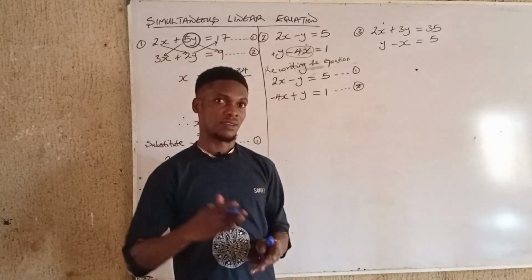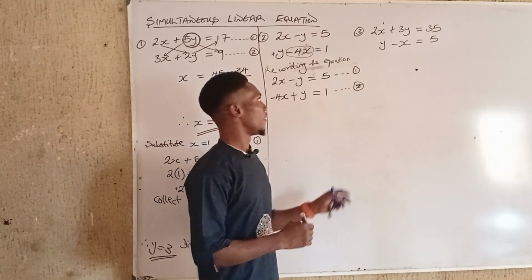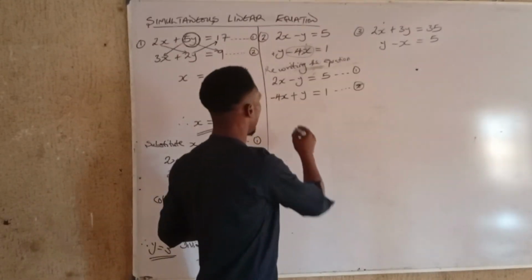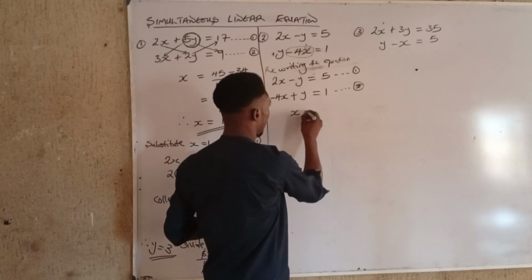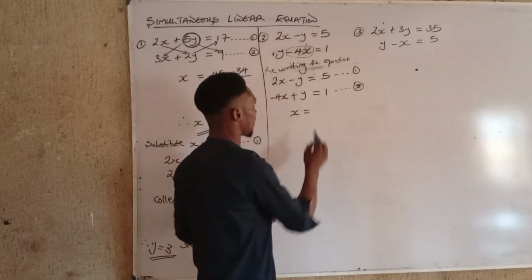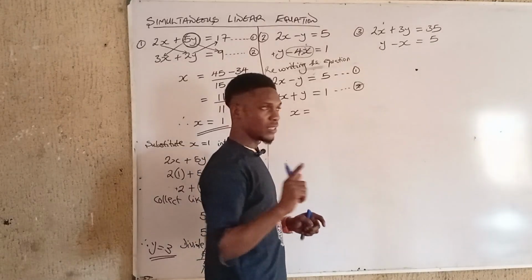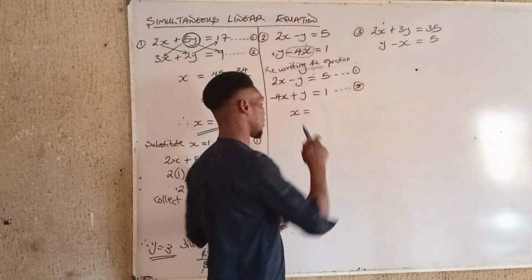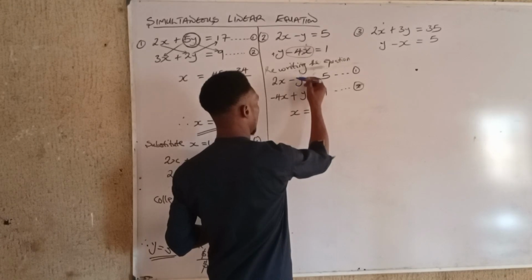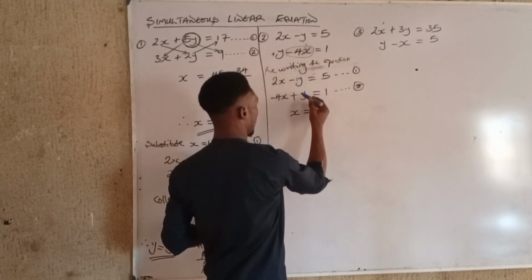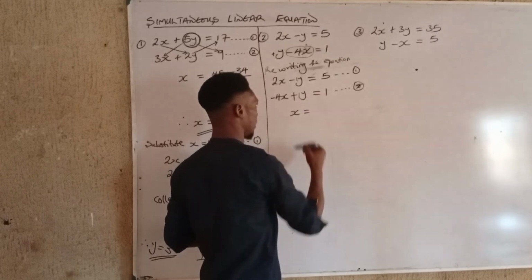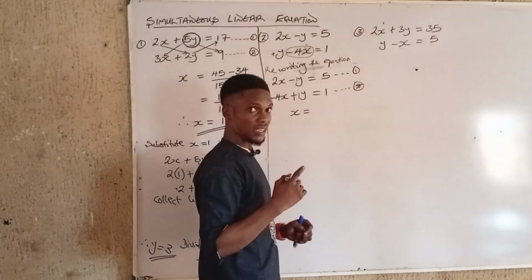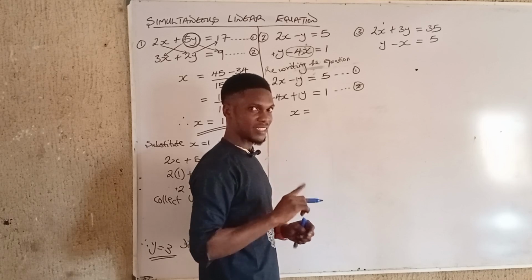That's the alphabet that comes first before the other. So now for our X is equal to, remember we are working with only the coefficients in the shortcut. We only work with the coefficients. Here there is an invisible one, and here there is an invisible one. A one that only mathematicians can see.